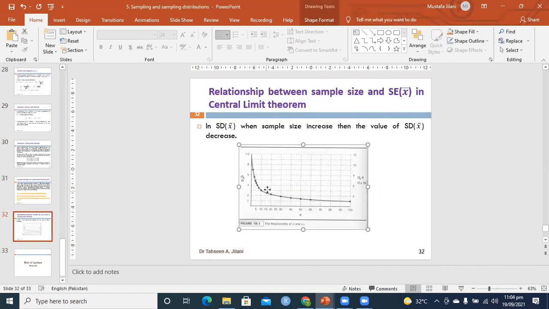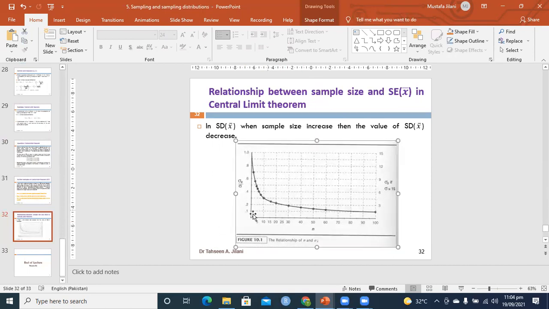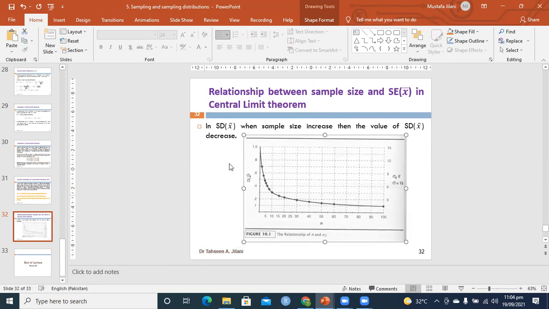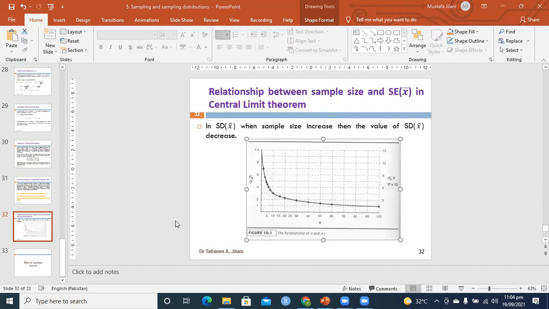So this is a picture showing that when you increase the sample size, the standard error or sigma squared over n decreases drastically, like an exponential decaying curve. So this is a theoretical concept showing how the sample size and the variance of the sample means, variance of x bar, are related to each other.